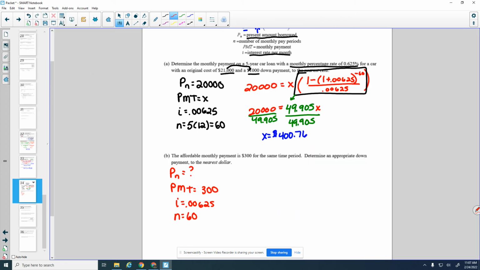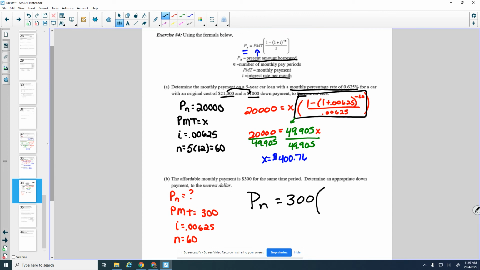I have P sub n equals PMT times, I should scroll up a little more so I can actually see the formula, 1 minus 1 plus 0.00625 to the negative 60, that's negative 60 right here, I know it's hard to read, over 0.00625. So now everything is a number on this side, so I can type the whole thing in.